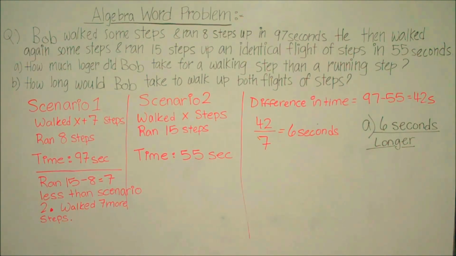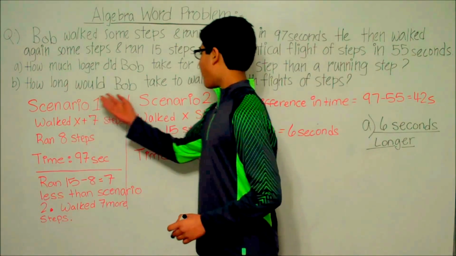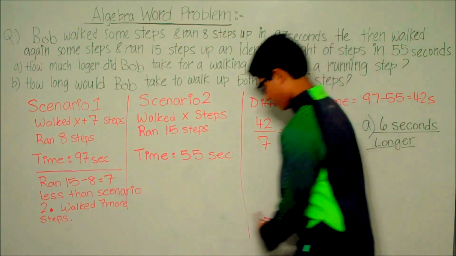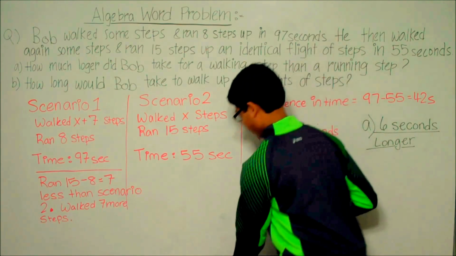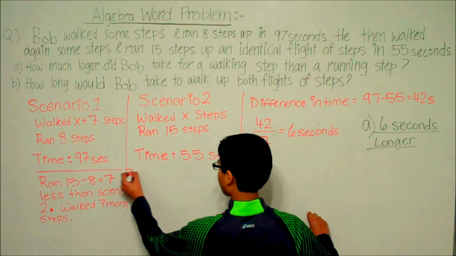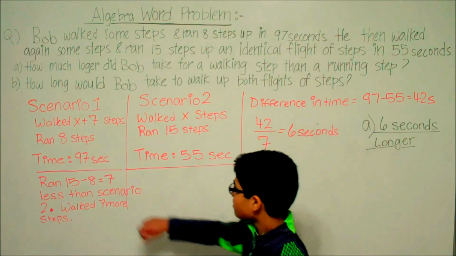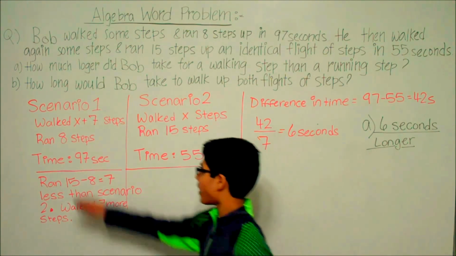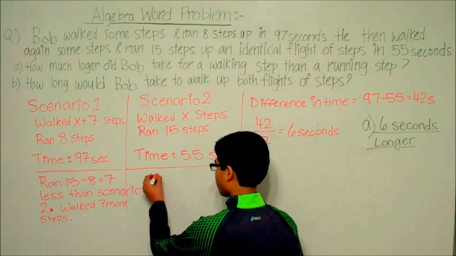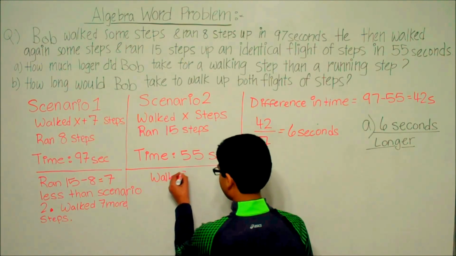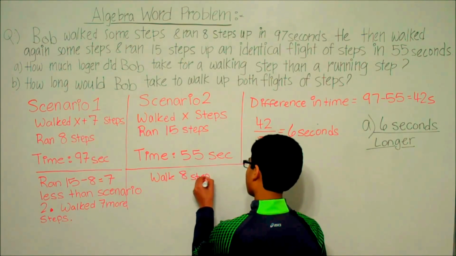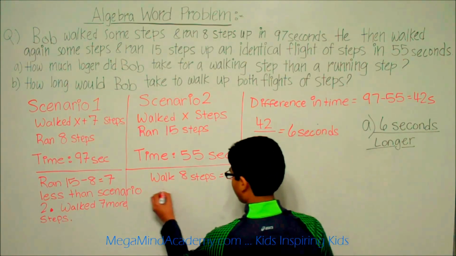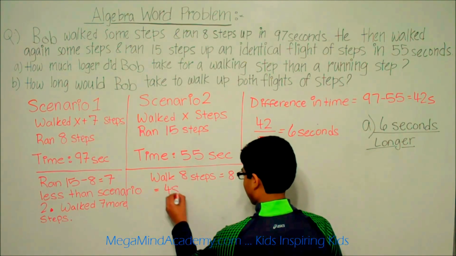Now let's solve question B. How long would Bob take to walk up both flights of steps? So, let's make another section for the work for question B. So, let's use scenario 1 for this part of the problem. So in scenario 1, he ran 8 steps. So to walk 8 steps, he took 8 times 6, which is equal to 48 seconds longer.